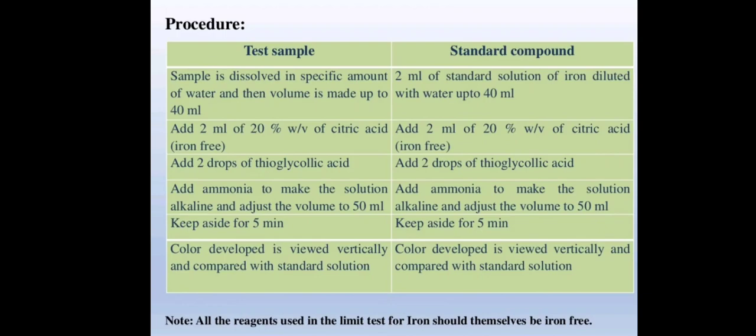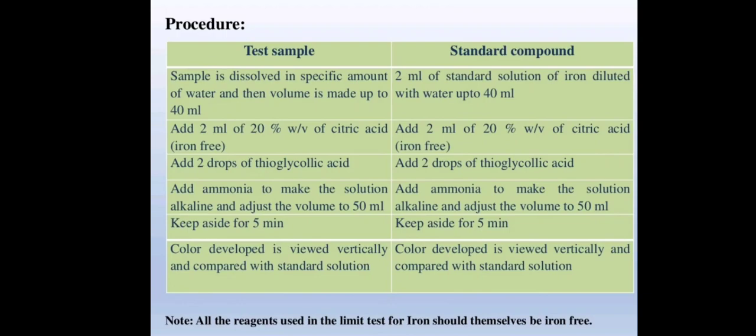Then again take the test and add 2 ml of 20% weight by volume solution of iron-free citric acid. Then take the standard, add 2 ml of 20% weight by volume solution of citric acid. That is the reason: citric acid prevents the precipitation of iron with ammonia and keeps iron in solution in presence of ammonia by forming a complex with iron as iron citrate.